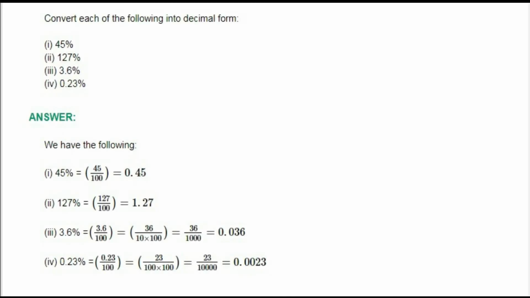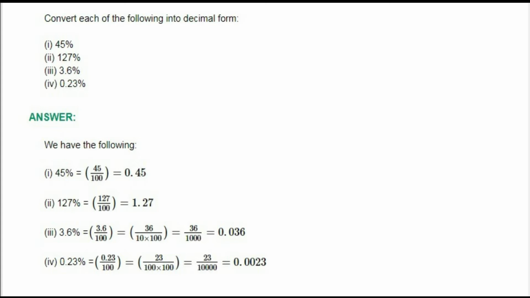So how to convert a percentage figure to a decimal form? It's very easy. Suppose 45%, and we can write 45% as 45 by 100, and in the denominator there is 100, that's why after the point there are 2 places, right? That is 0.45.